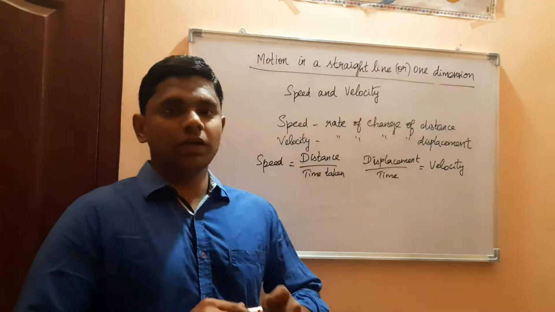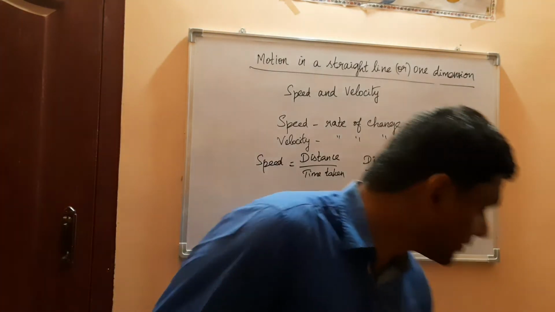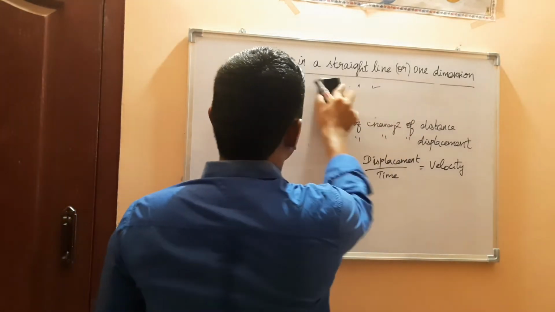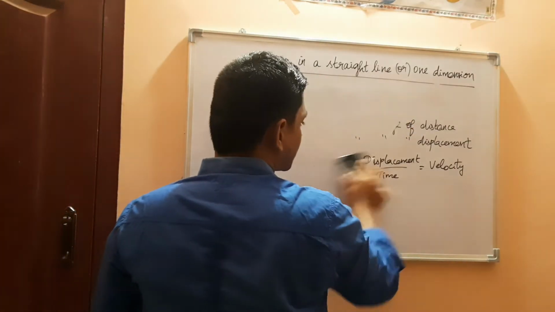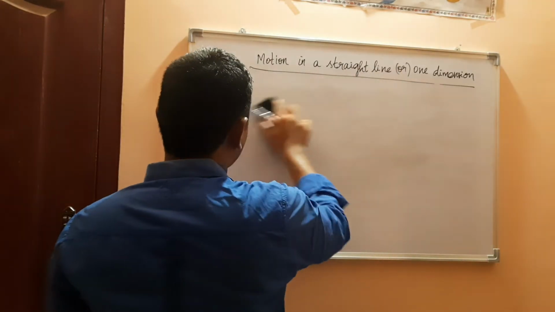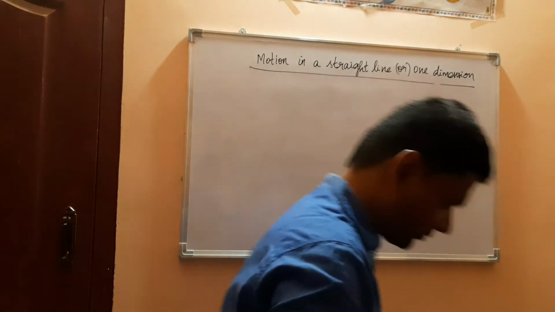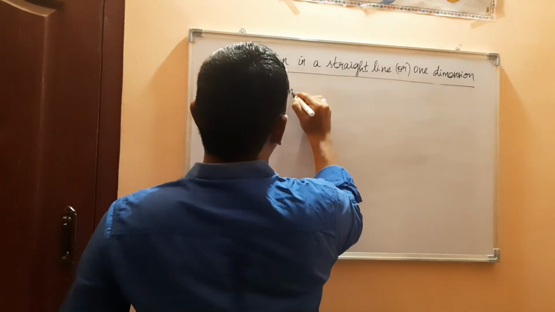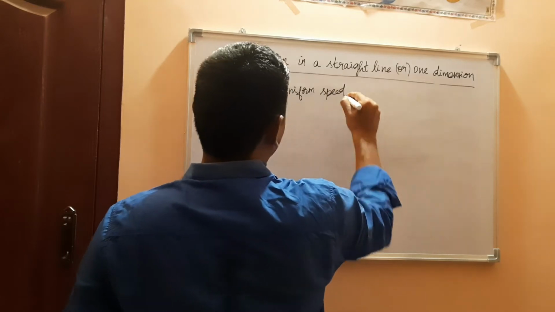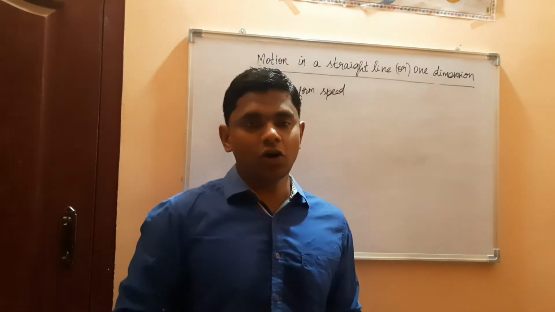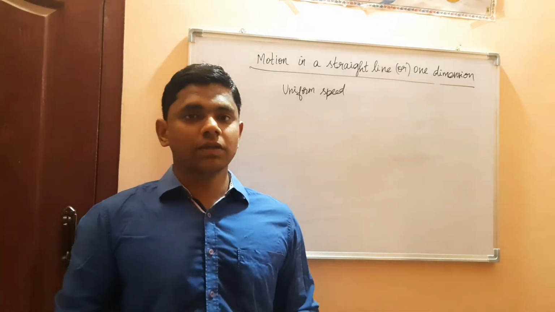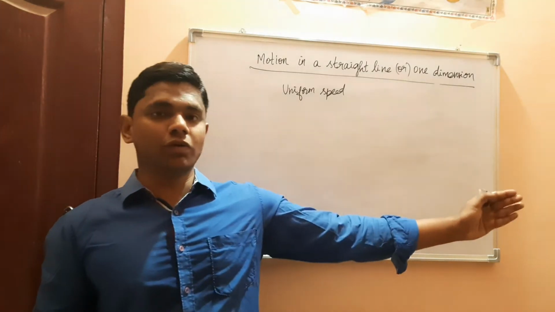Now we are going to see what is meant by uniform velocity or uniform speed. There are differences between uniform and non-uniform speed, or uniform and non-uniform velocity. Uniform speed means if the object covers equal distances in equal intervals of time, then the object is said to be moving with uniform speed.